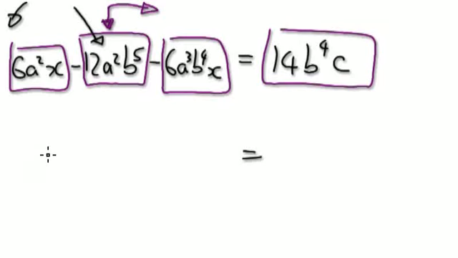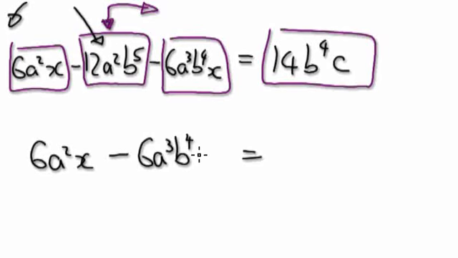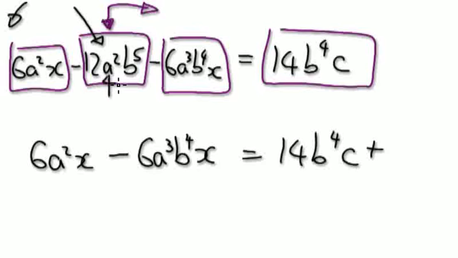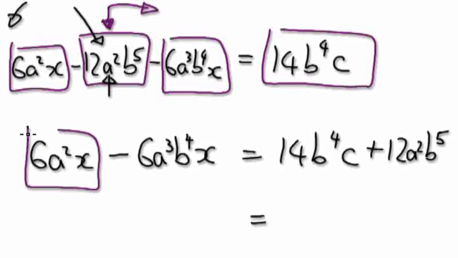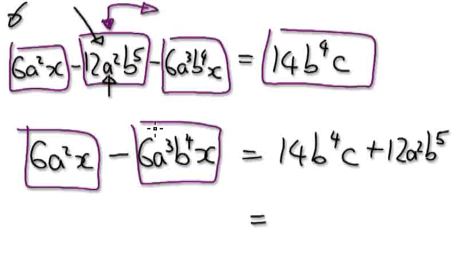Okay. So on this side you have 6a squared x, take away 6a to the power 3 b to the power 4 x. And then on this side you have 14b to the power 4 c plus, remember we're adding this block to both sides, plus 12a squared b to the power 5. Okay, now look what's in common. So at the moment you've got this block here, take away this block here.